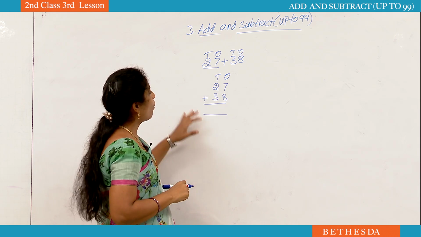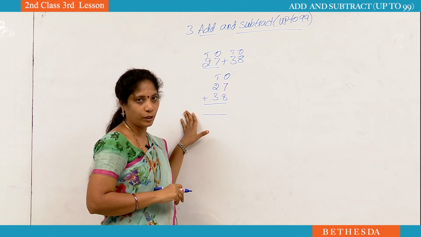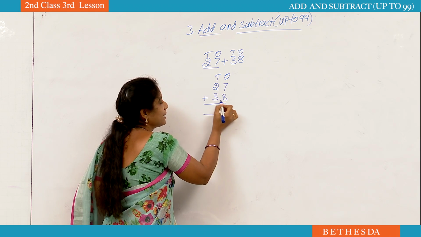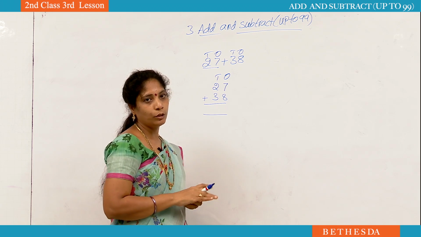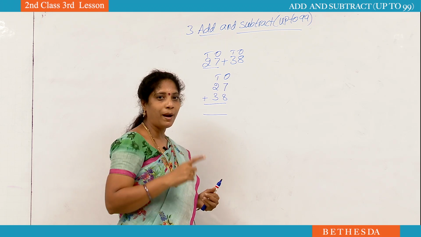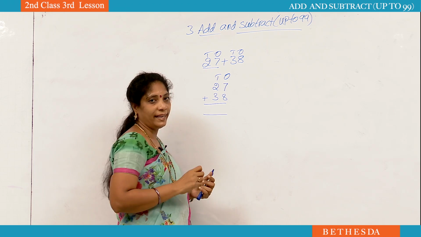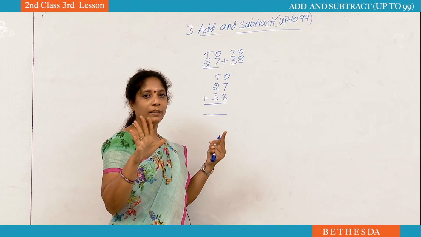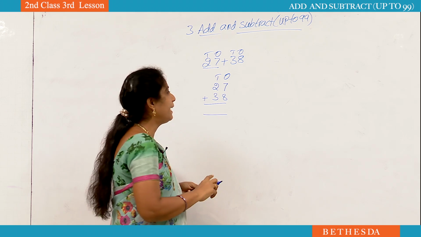While we are doing addition, we have to start from ones place. Already we learned. Now what are the ones place numbers? 7 plus 8. Already we learned addition means big number is in my mind, small number is in my hand. What is the big number here? 8. 8 is in my mind, 7 is in my hand. After 8, 9, 10, 11, 12, 13, 14, 15.